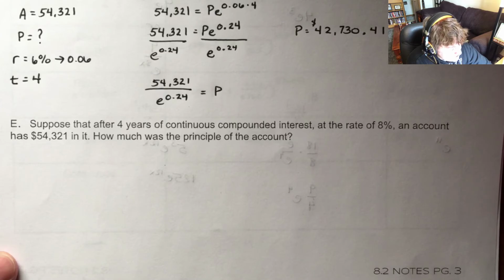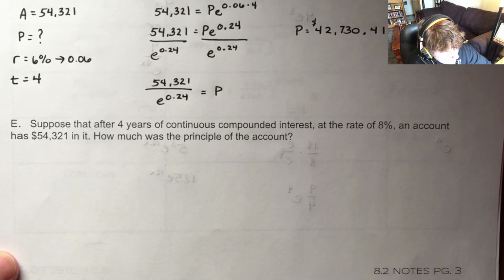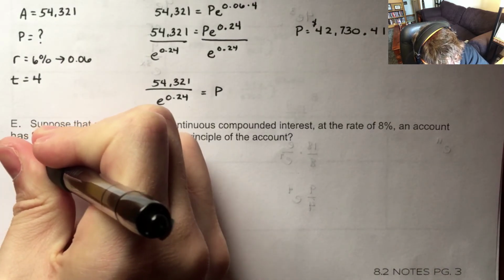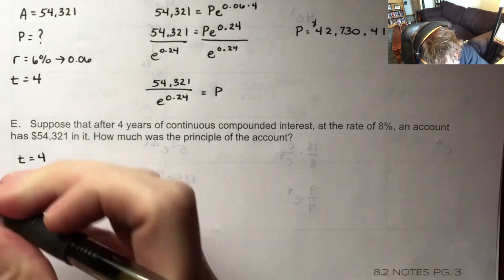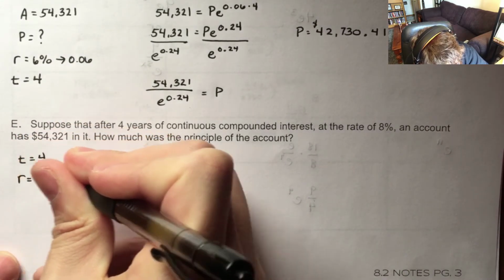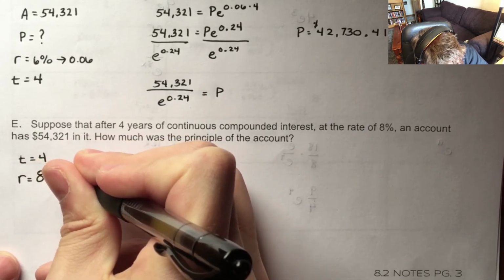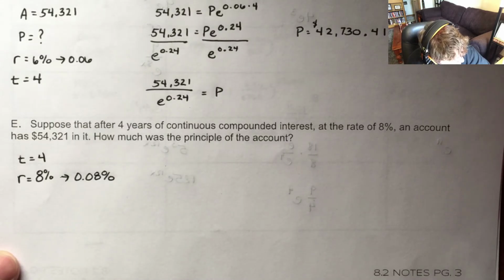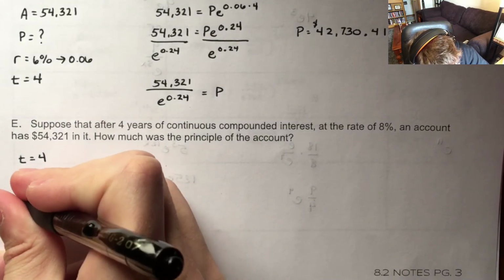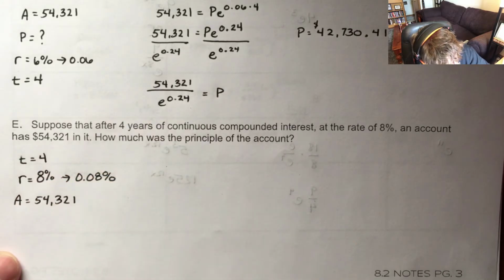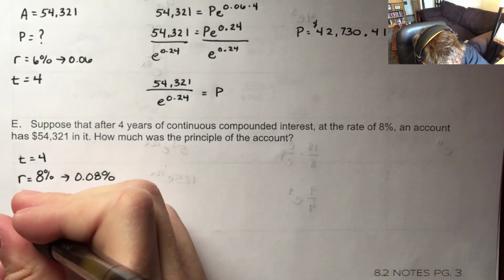I'm assuming that you've already done this one, and you're here to check your work. Suppose that after 4 years of continuously compounded interest at a rate of 8%, an account has $54,321 in it, and I want to know what the principal is.